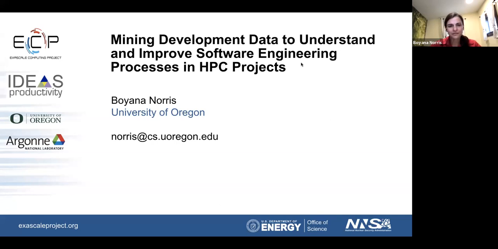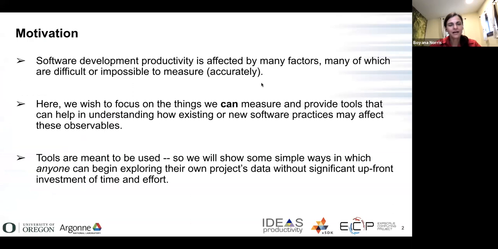I will dive right in. Our motivation for the tools and methodologies that I'm going to talk about today: we have several motivations. We realize that software development productivity is affected by many factors, many of which are difficult or impossible to measure accurately.